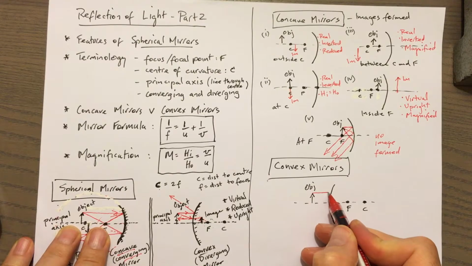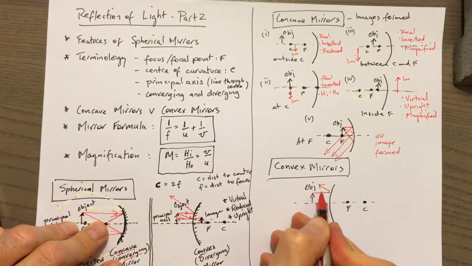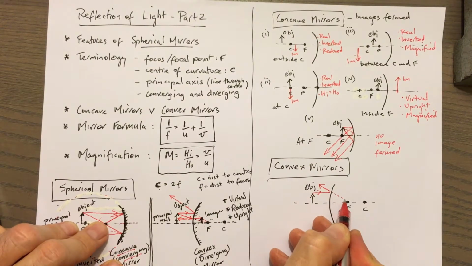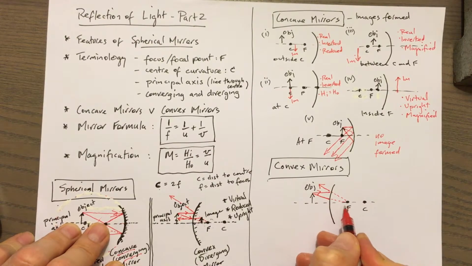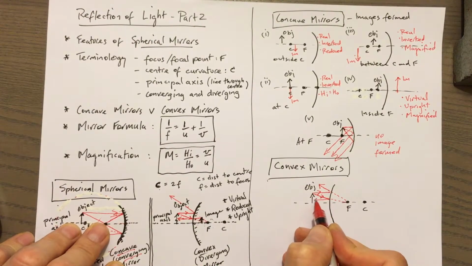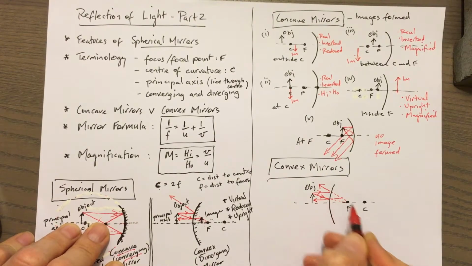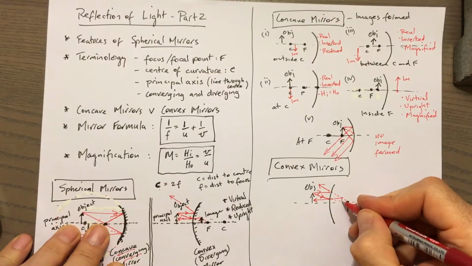So we have a parallel ray reflecting as if it came from the focus. And then we have a ray heading in as if it's going to go through the focus, and it reflects parallel. And so we project that back. We find the intersection of those two, and that's where our image is.